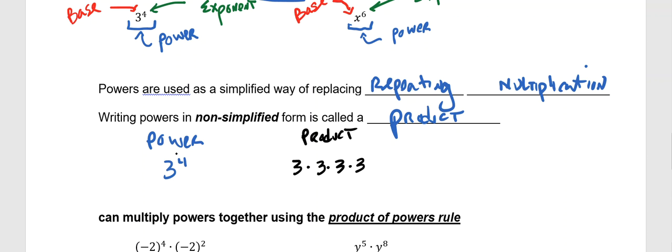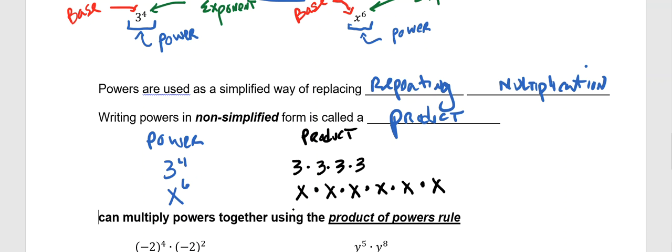What's really going on with the power is I am taking 4 of these 3's and multiplying them together. To go back again, a power like x to the sixth would be rewritten as a product of 6 x's multiplied: 1 x times a second times a third times a fourth times a fifth times one more, 6.